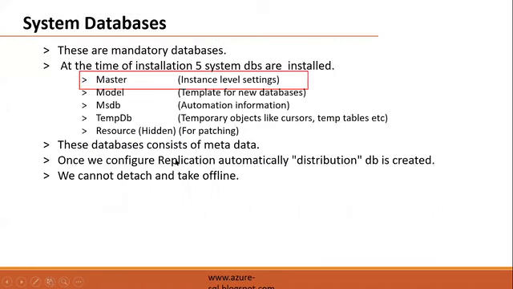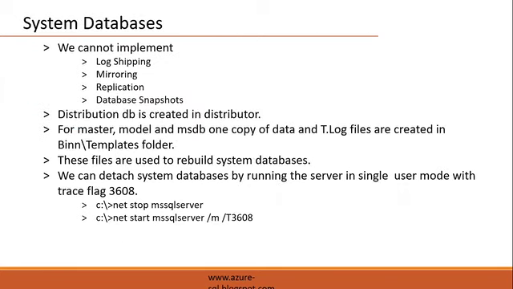Generally, we have seen that we can't detach system databases and we can't take system databases offline. Detach and taking offline are generally used to move the files of a database. We'll see that practically. But system databases cannot be detached.